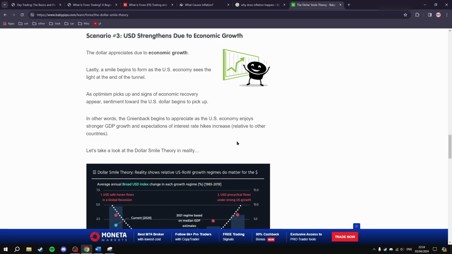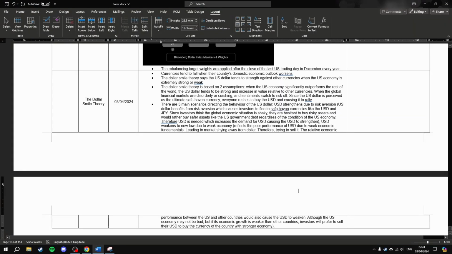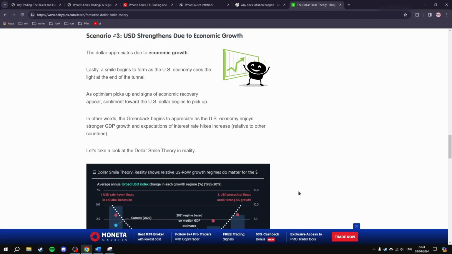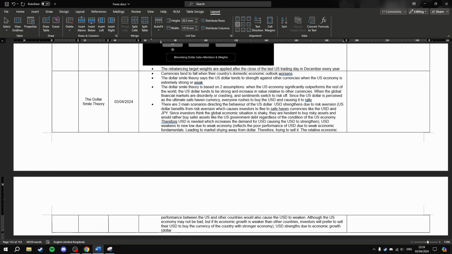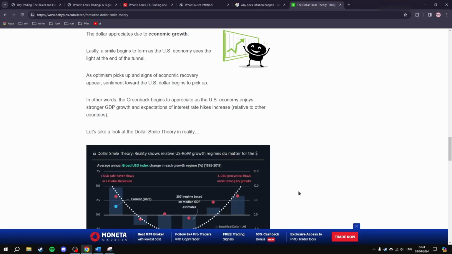Scenario 3. USD strengthens due to economic growth. The dollar appreciates due to economic growth.